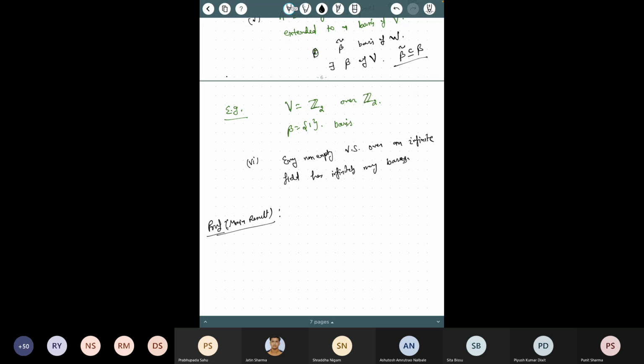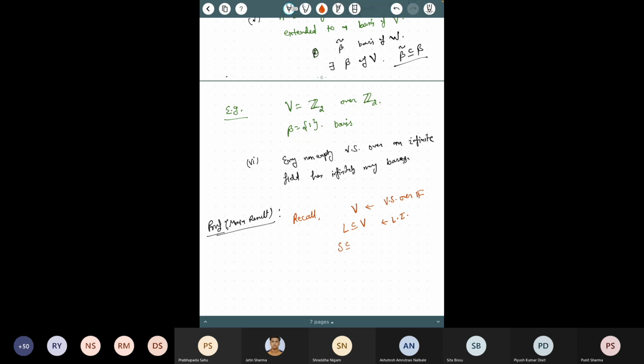So let us recall what we have. We were given a vector space V over a field. We have a subset L of V which is linearly independent.